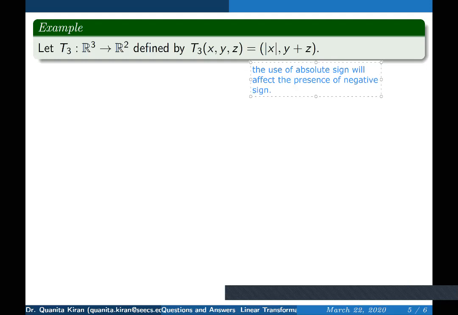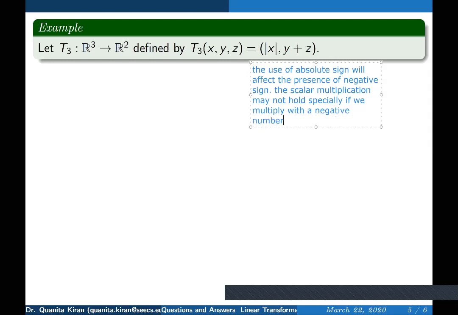This points out that scalar multiplication may not hold, especially if we multiply with a negative number.